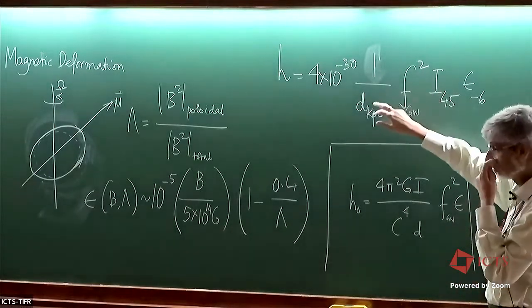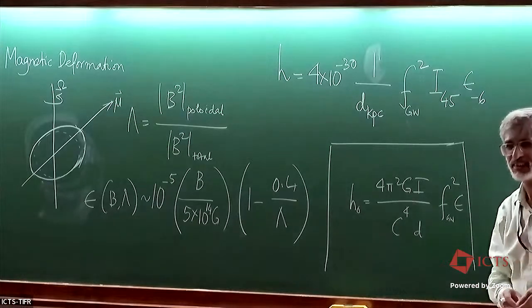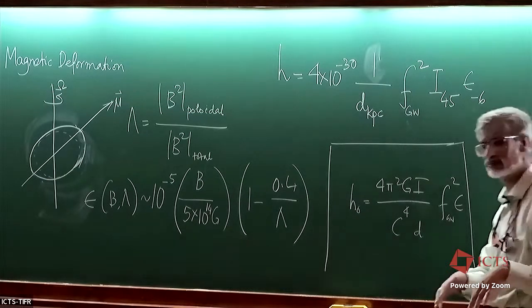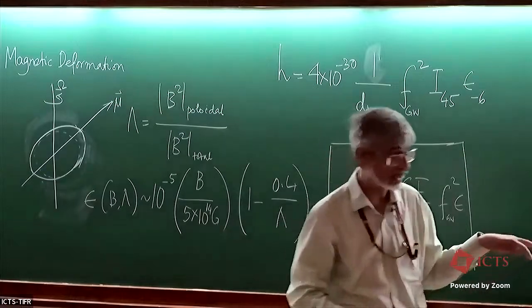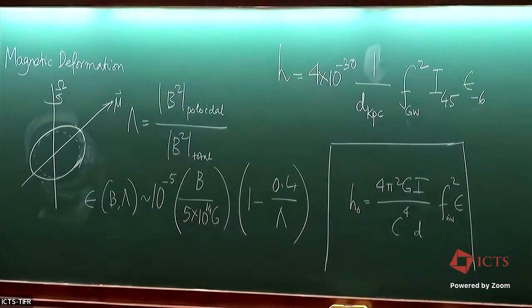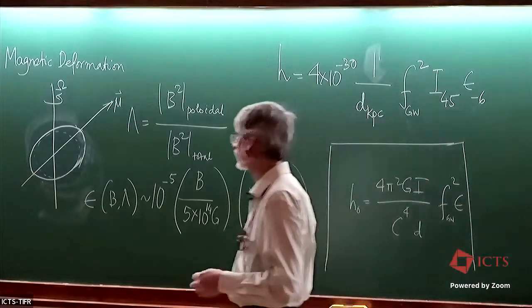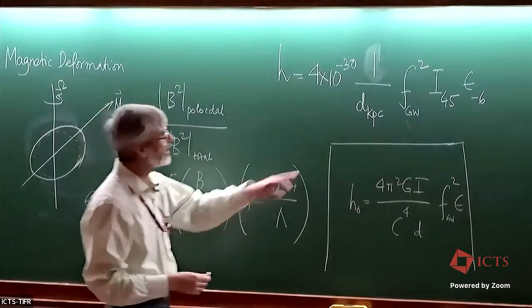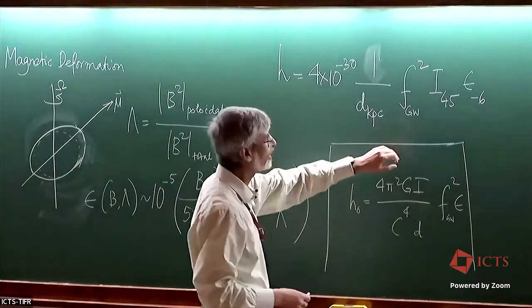You can have a factor of 1,000,000, but in a millisecond pulsar, the magnetic field is much lower. What we find is all these low magnetic field neutron stars, like 10 to the power 8 Gauss, are the ones which end up as millisecond pulsars. The reason for that we will discuss tomorrow from binary evolution. But so you may gain in this, but you will lose in epsilon.